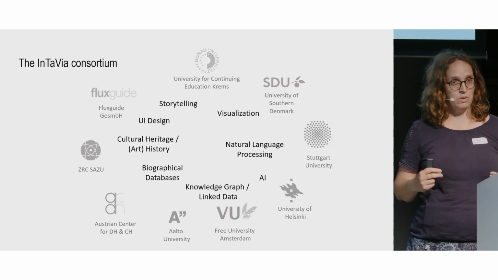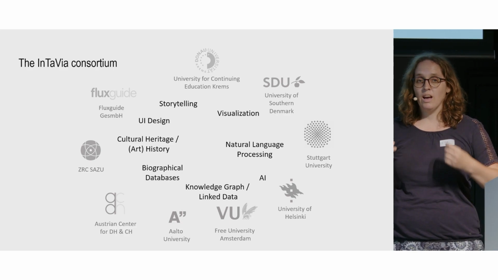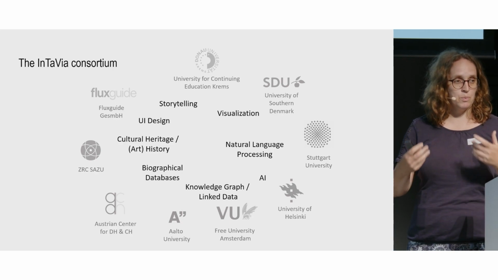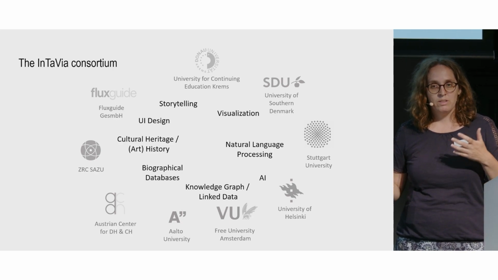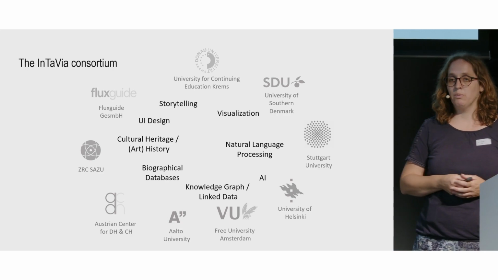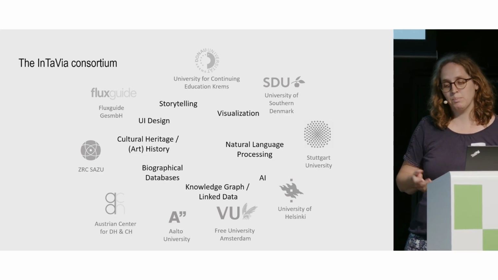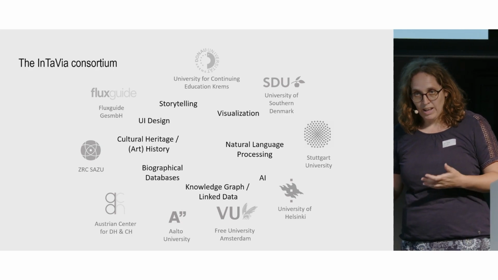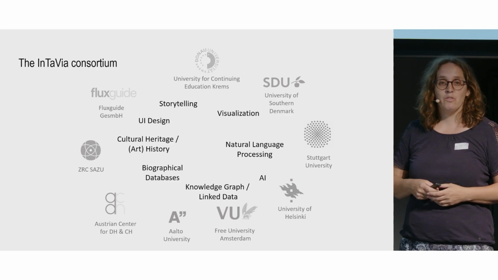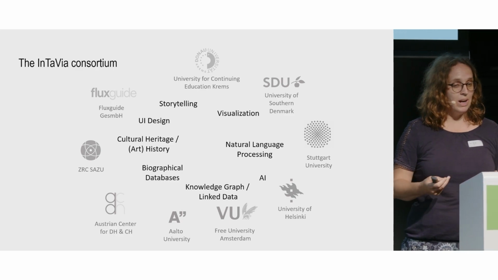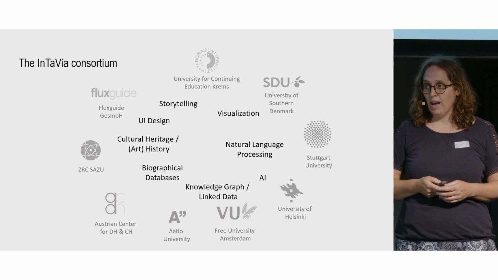So we have got historians and art historians in our consortium that bring in their expertise as humanists. We have got these biographical databases for sure, but we also have people who link the data, build up the knowledge graph. We have this natural language processing and the AI to really process the data. And on the front-end design, we also think about UI design, about storytelling and visualization.